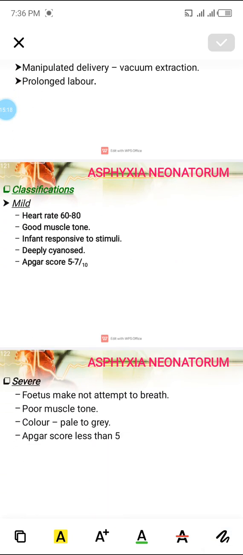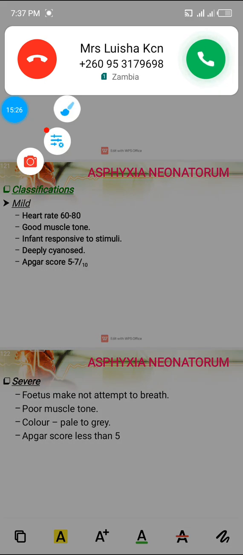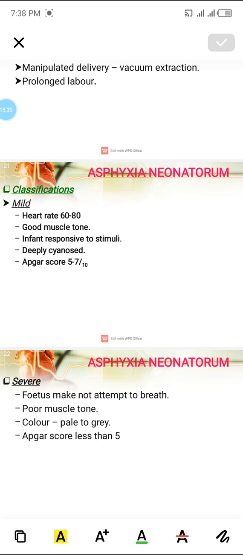Okay, then let's look at the classifications. In your paper, if you check for NMCZ, you discover that you are asked about the classification of asphyxia. Some time back, we were classifying asphyxia using three classifications, which were mild, moderate, and severe.